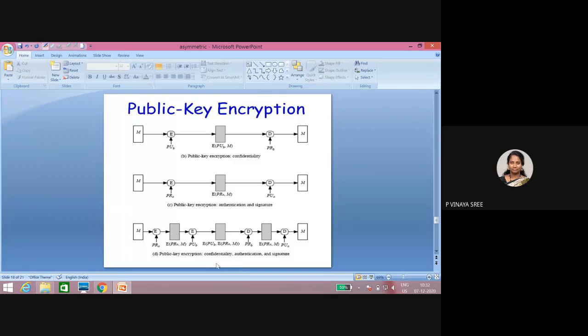What about confidentiality, authentication and digital signature? In this we are encrypting first for authentication, then for confidentiality, then we have to do the reverse. Means what? A message is encrypted with the private key of A, and again for providing confidentiality we are encrypting with the public key of B, Bob.